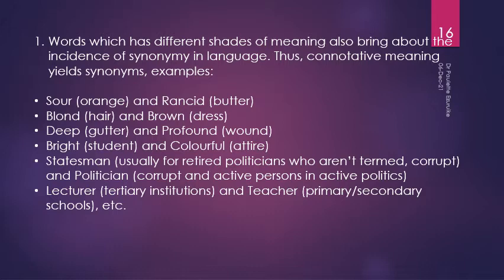Also, we use statesman usually for retired politicians who aren't armed or who aren't corrupt, whereas we use the term politicians for those who are still in power, who we think are corrupt, and who are still in active politics.